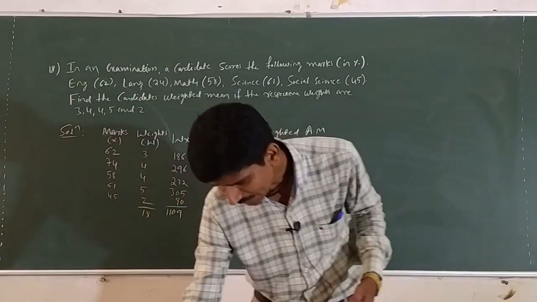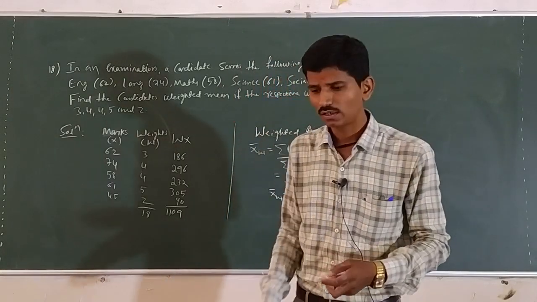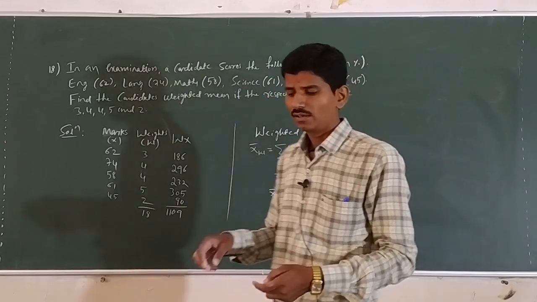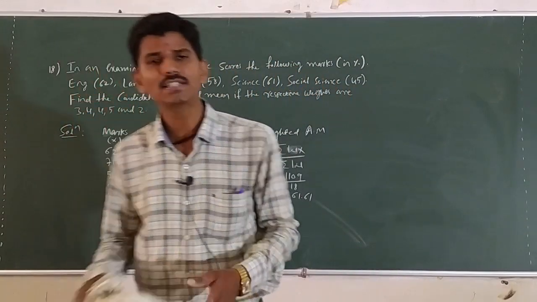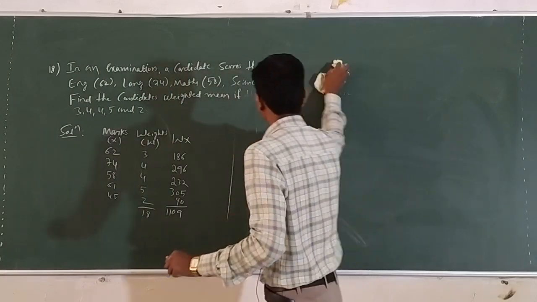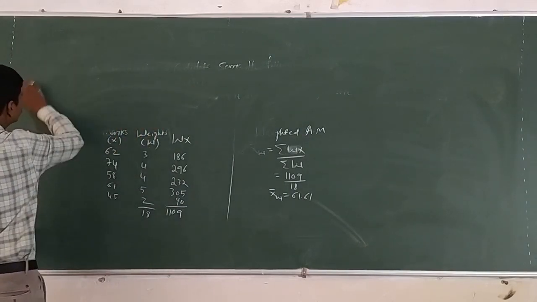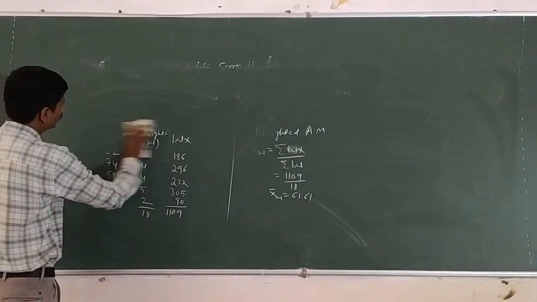It completes the median and mode part. The next chapter, next average, is geometric mean.